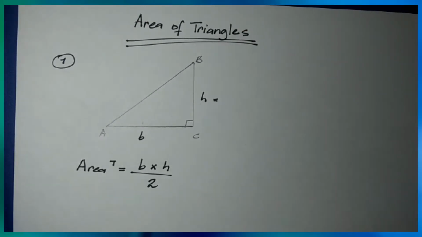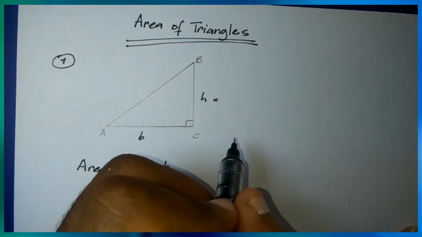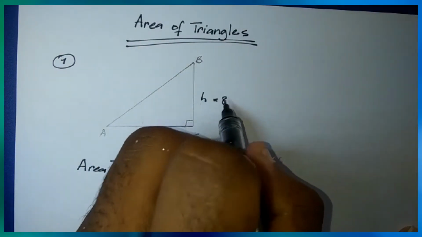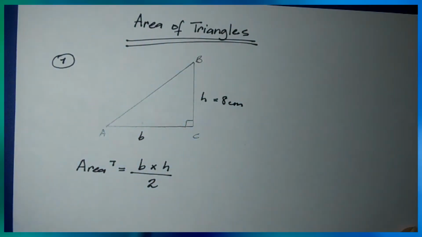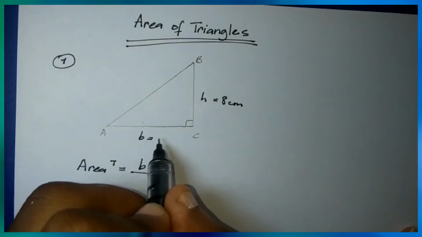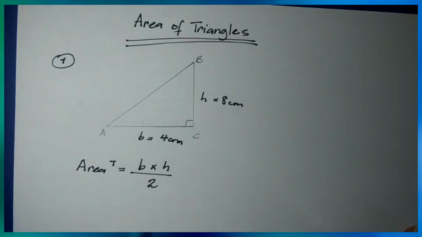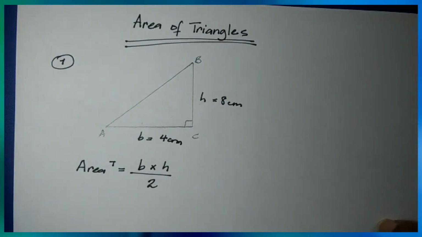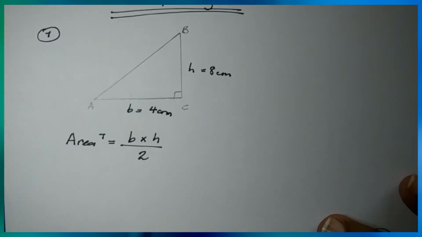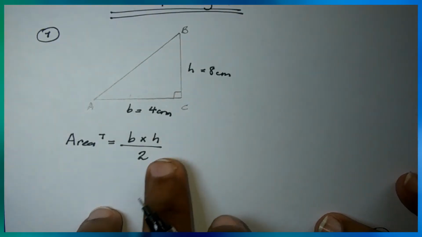So let's give our triangle ABC a height and a base. Let's use our height as 8 centimeters, and I'm going to say let our base be 4 centimeters. Now, to calculate the area of triangle ABC, remember I must use my formula, base times height divided by 2.